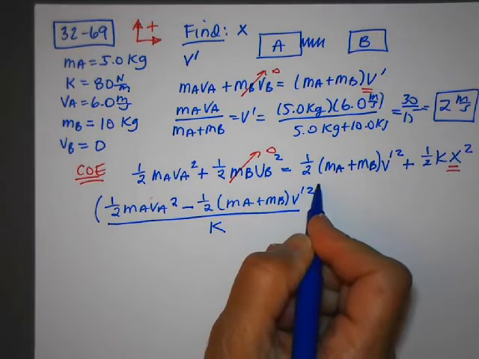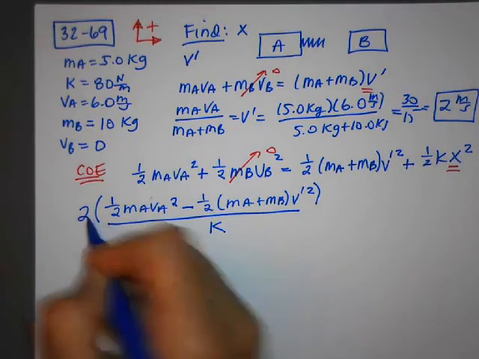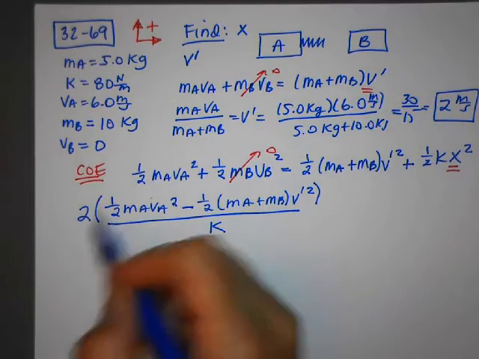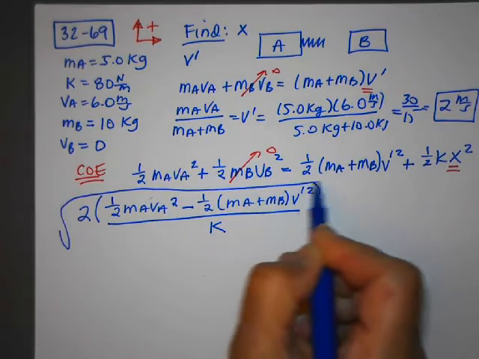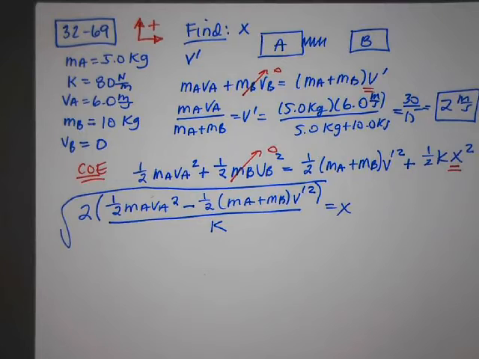So now we're going to have 2. And then if this is squared, I'm going to take the square root. Ooh, there we go.